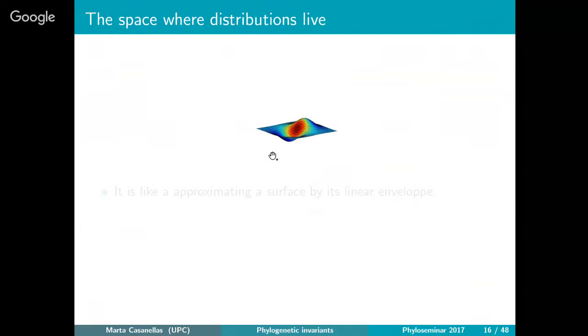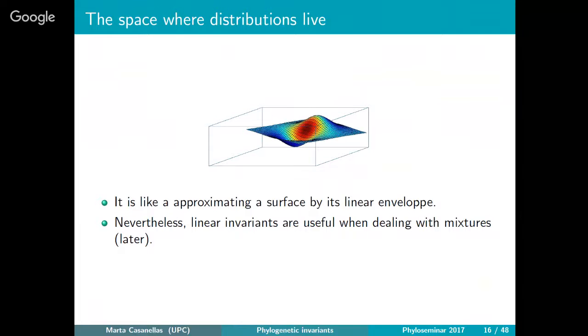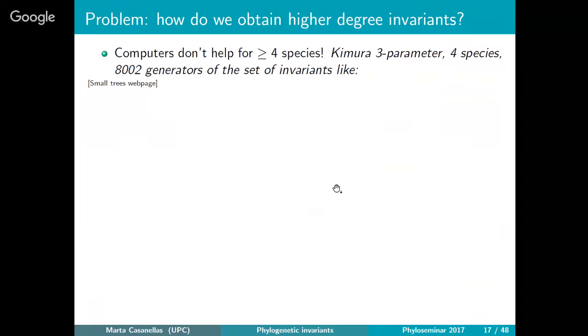And just considering linear invariants of degree 1 is like looking at the smallest box that contains it, but not looking actually at the shape of the surface. So we would like to consider a more accurate thing, something that approximates the surface better and not just a single box. Okay, so then we would have to deal with higher degree polynomials.